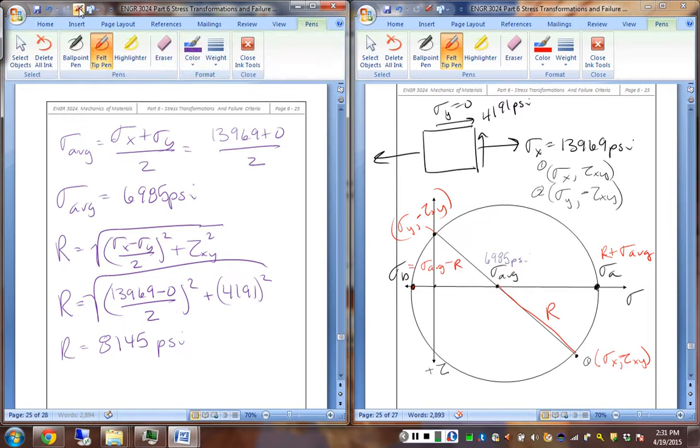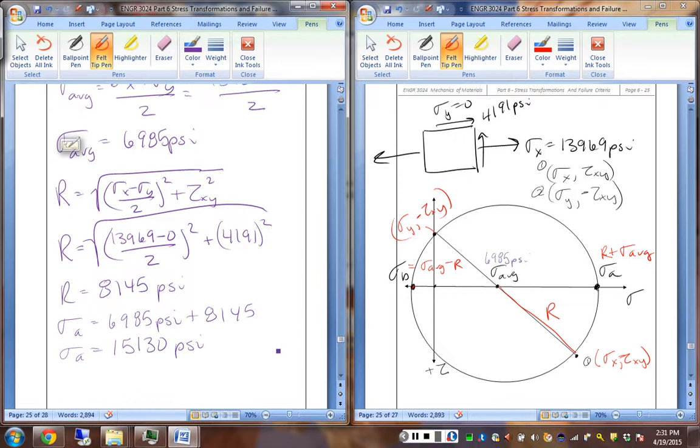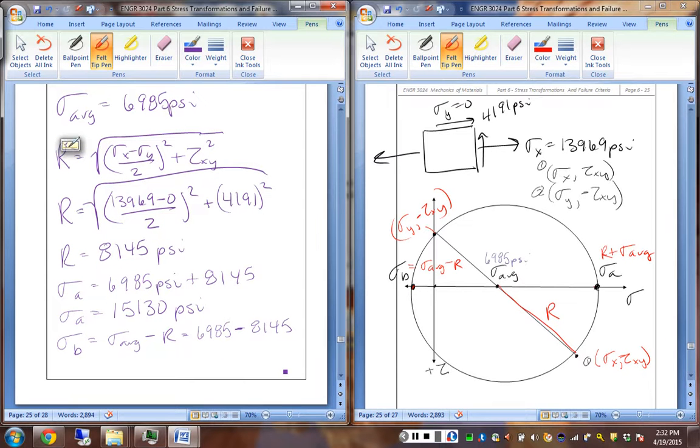Coming back over to get values for those. Sigma A, 6985 plus 8145, is 15,130. The second principal stress, sigma B, is the average minus the radius, 6985 minus 8145, so sigma B is minus 1161.